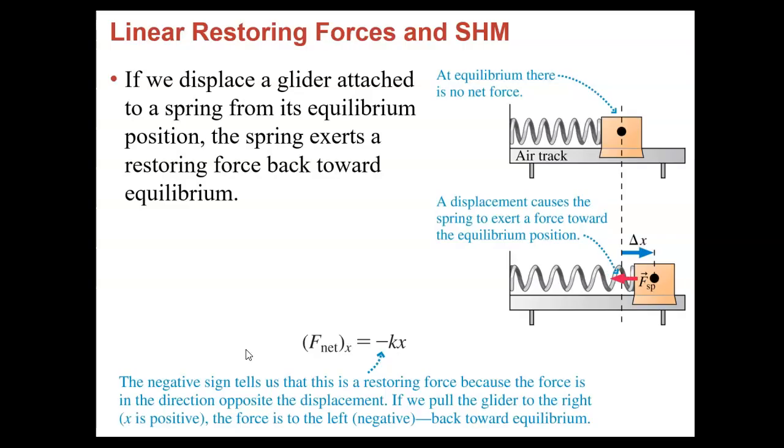Okay, so if you look at a spring, if you displace a spring, the spring exerts a restoring force back towards the equilibrium, and the negative sign tells us that it's a restoring force because the force is going to be negative.